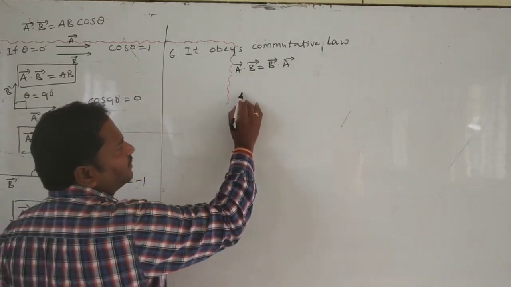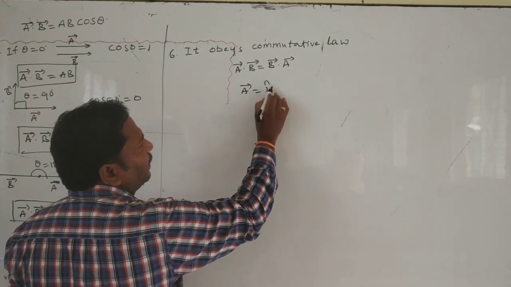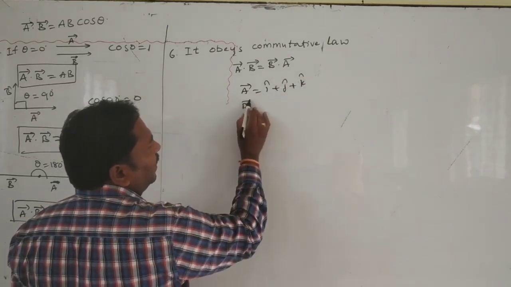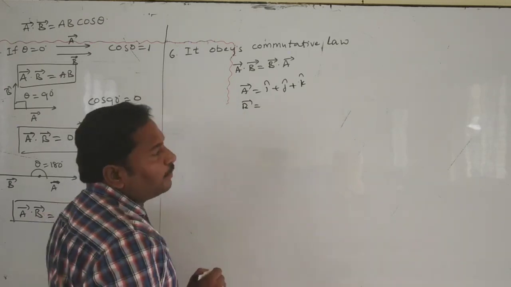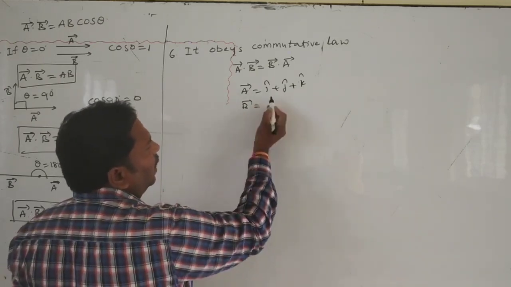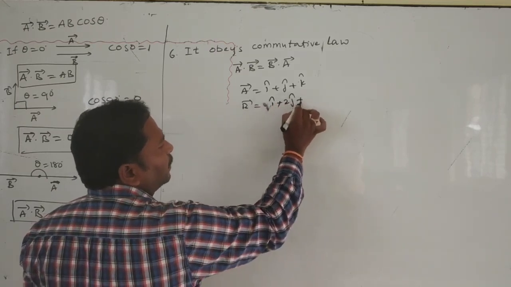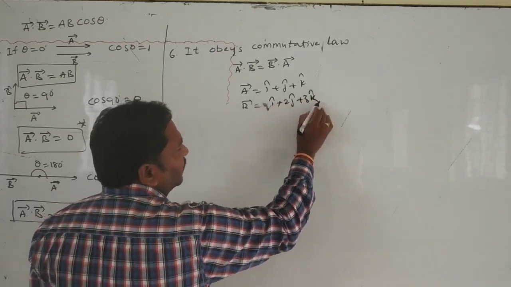Because you see one example: a bar equals i cap plus j cap plus k cap, b bar equals, let's say, 2i cap plus 2j cap plus 3k cap.